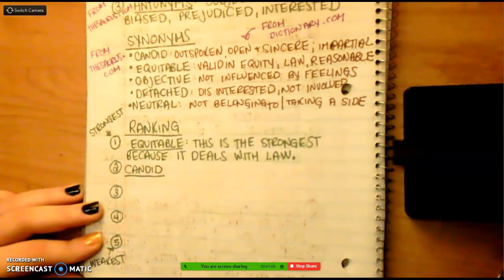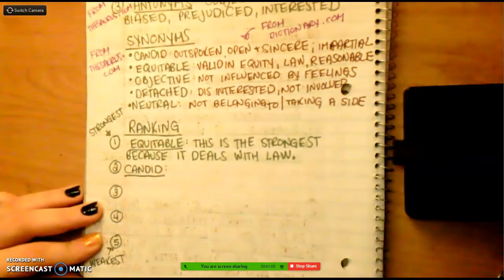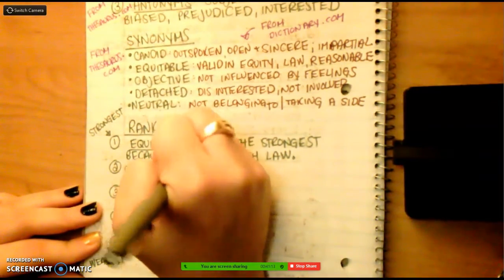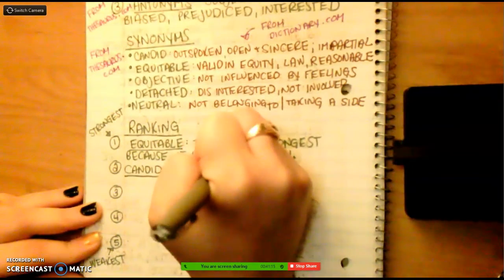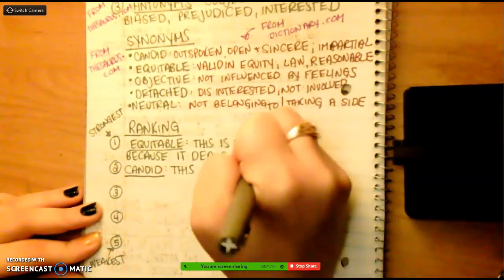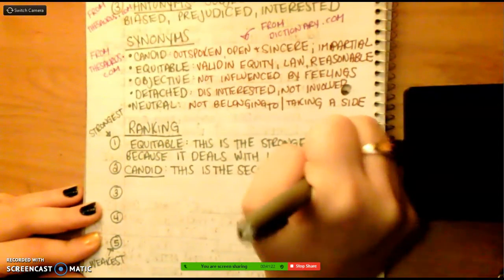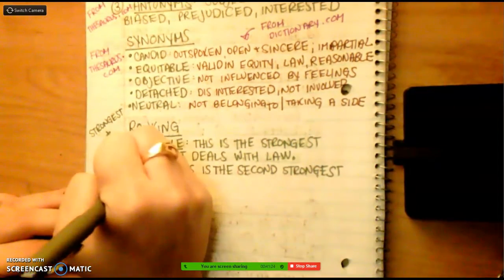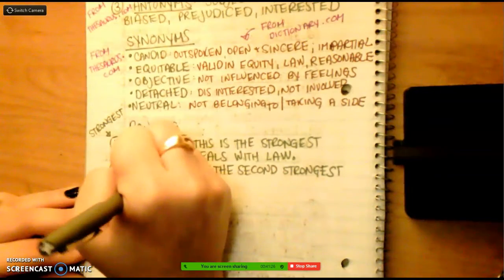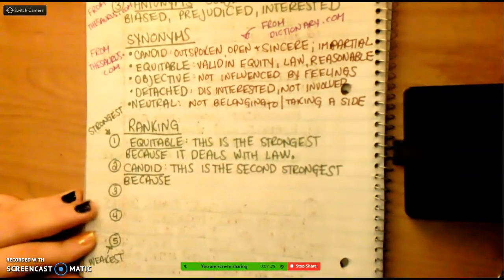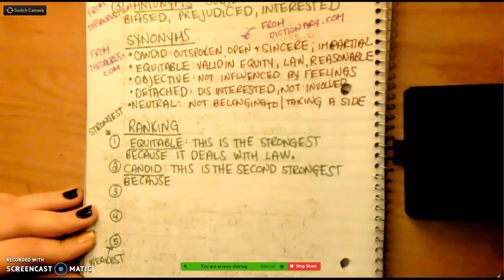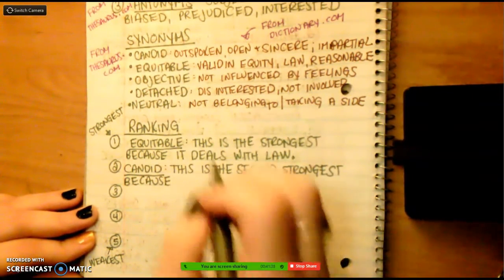So candid is the second strongest, probably because it talks about being outspoken. See, because being outspoken is usually something that's loud, right? It's usually a strong characteristic.